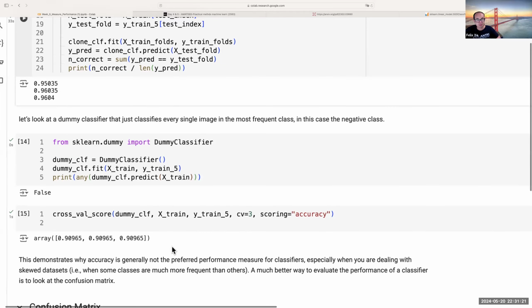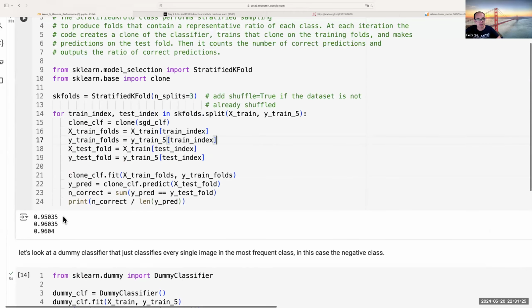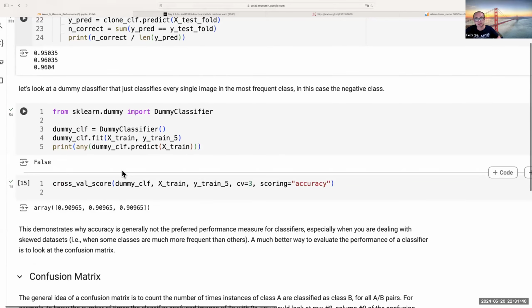You can see why this is. Although we are getting 95 and 96% accuracy for this problem, you might think, wait, that looks really good. But that's not the best thing to think about, because if we're using such a dummy classifier that always predicts negative, we are getting 91% accuracy.